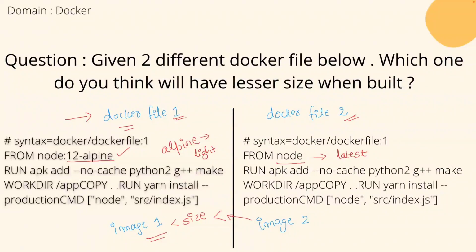Whereas if I pull the latest, it is not Alpine, meaning it will be a bit heavier in terms of packages installed. Hence, image number 2 will be heavier. Hence, the answer here is image 1 will have a lesser size compared to image 2.